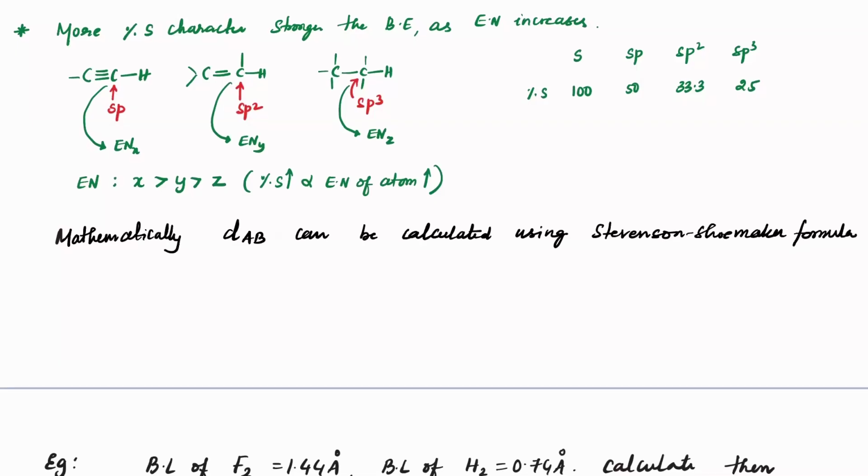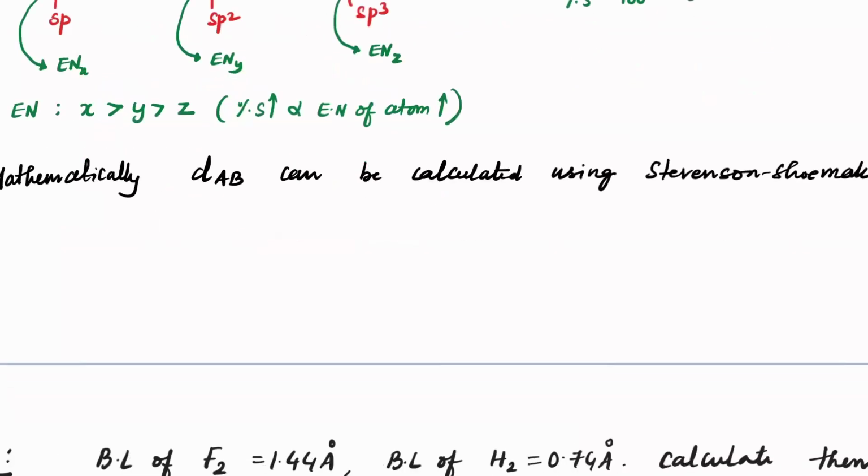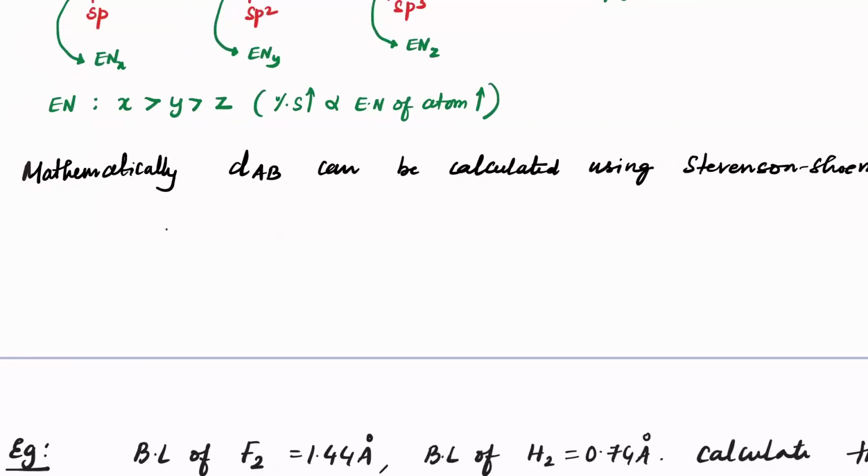I used this terminology before, if you remember. That is, if we have DAB, it will be RA plus RB minus 0.09 into the electronegativity difference, XA minus XB.